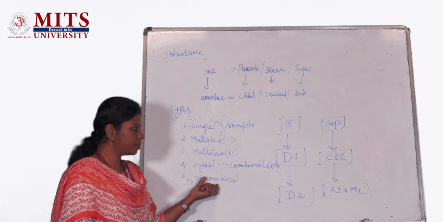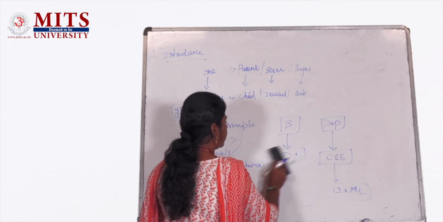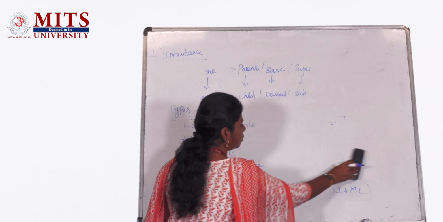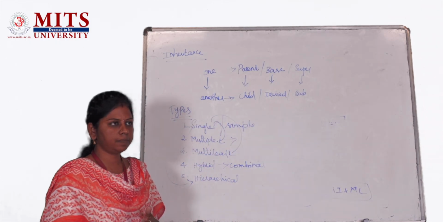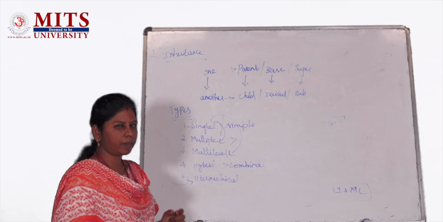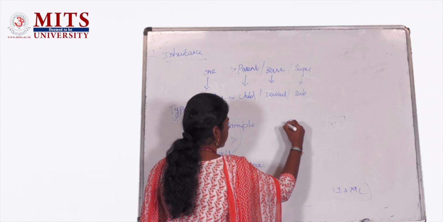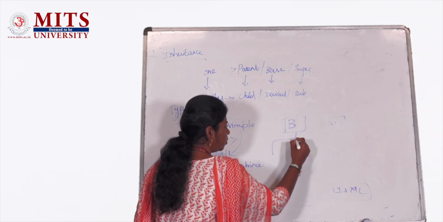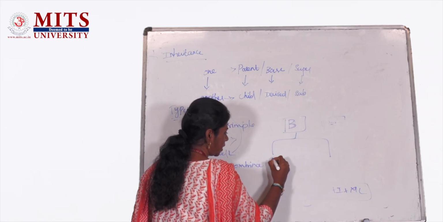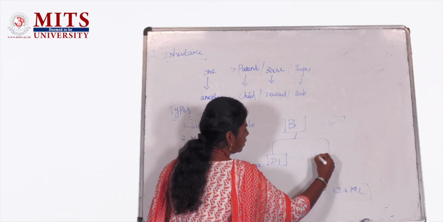And last one is hierarchical inheritance. Hierarchical inheritance means the process of deriving more than one subclass from a single base class. Just consider this is derived class 1 and this is derived class 2.